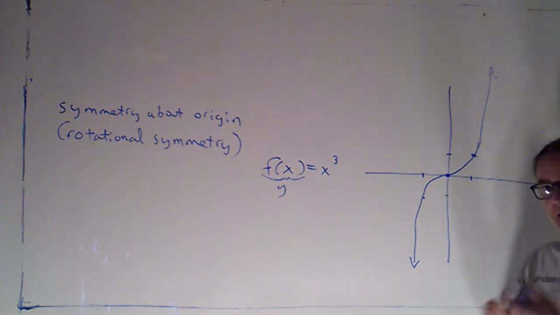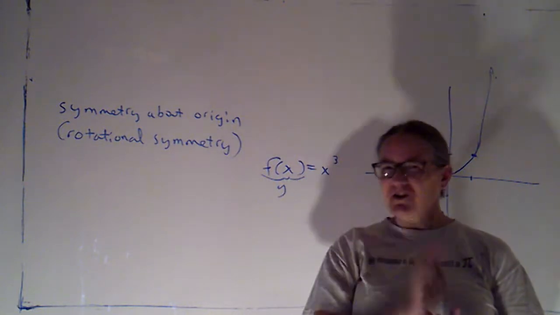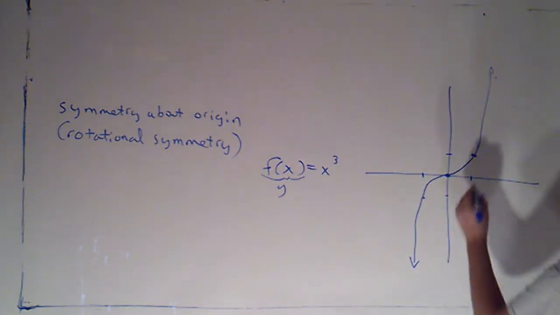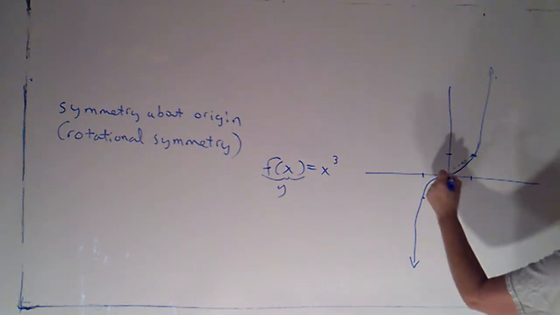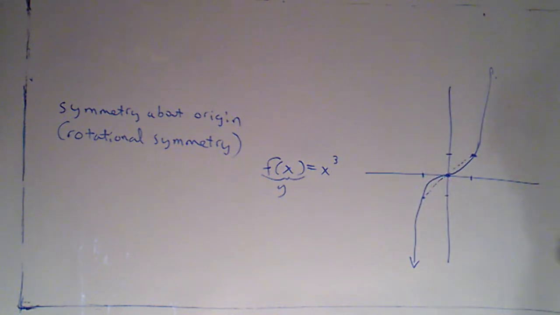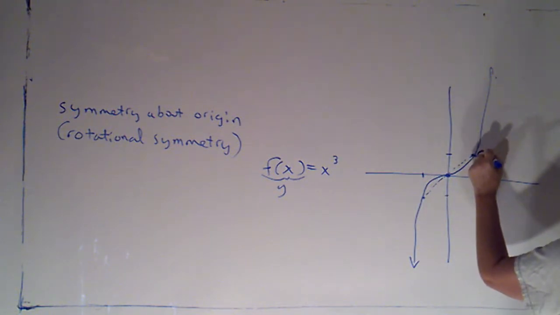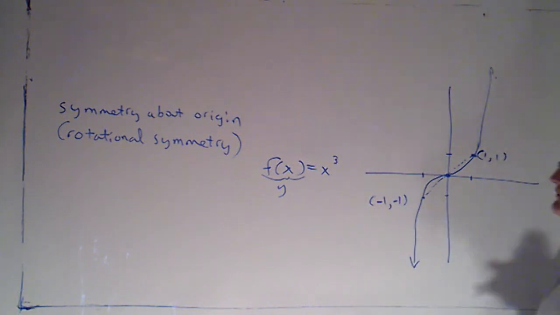The mirror now, instead of being an entire line, we're imagining that the mirror is just this individual point. So this point here looks in the mirror, and to see its mirror image, we just continue that line the same distance on the other side of the origin. So 1, 1 sees as its mirror image negative 1, negative 1.